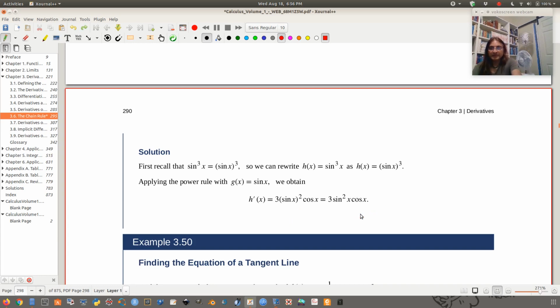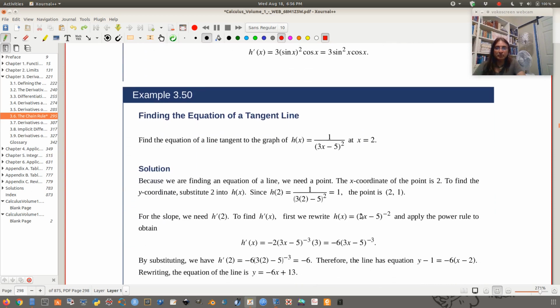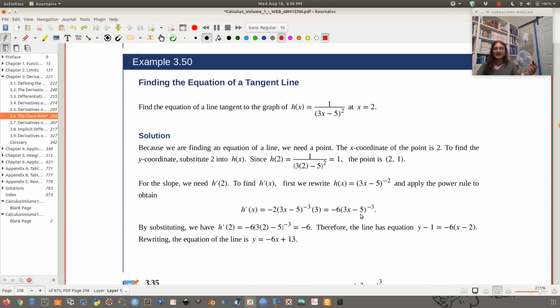Okay, find the equation of a tangent line at x equals 2. So finding tangent lines, once you know the formula of the derivative, you apply that at that point, x equals 2, you get the derivative, then you have some function and you have the slope, so we need h prime at 2.